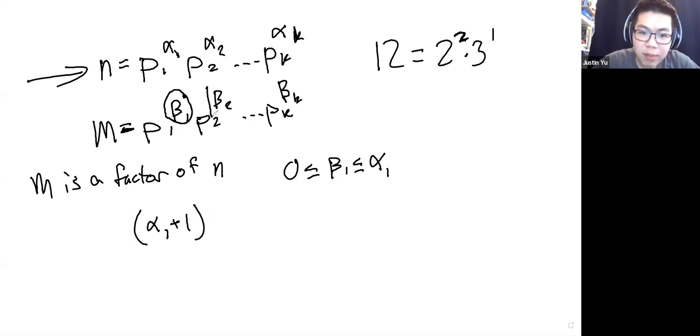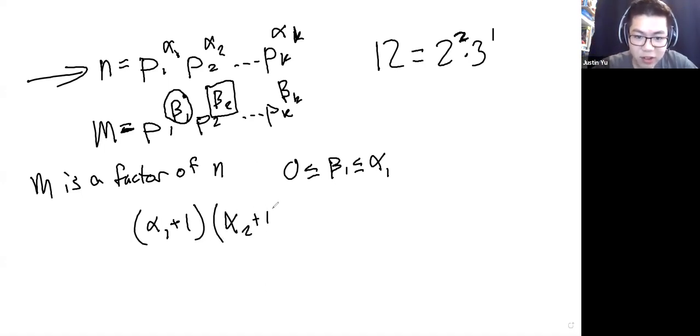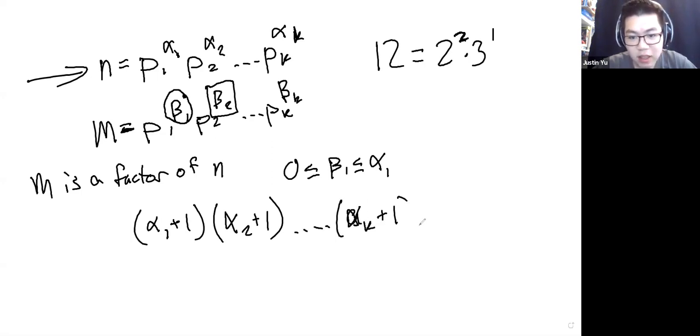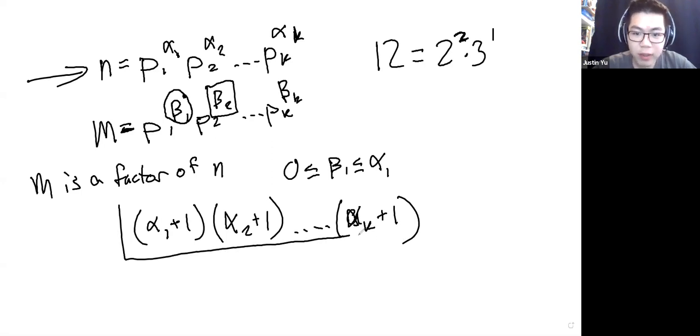How many ways are there to pick beta sub 2? Alpha 2 plus 1. Right, similar thing. And of course, you can see that we're going to continue all the way down to alpha k plus 1. And this is, in fact, our formula.